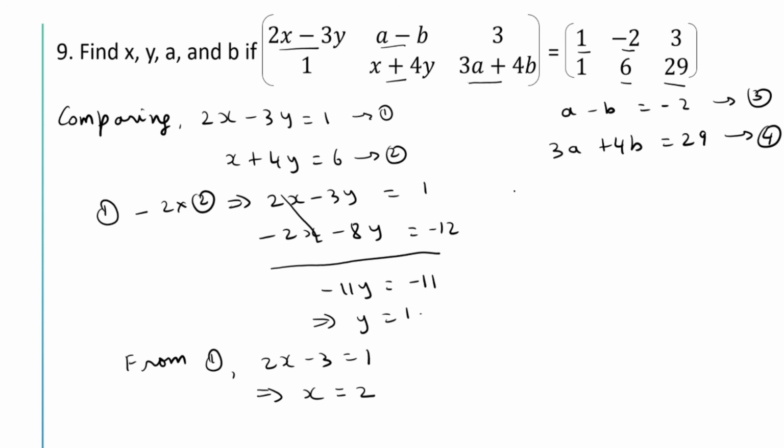So here let us multiply equation 3 by 4. So 3 into 4, here we have 4a minus 4b equal to minus 8.